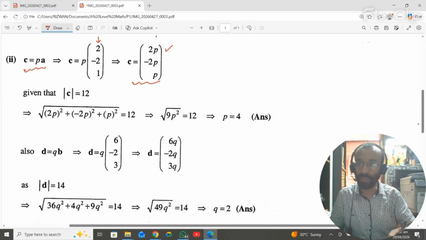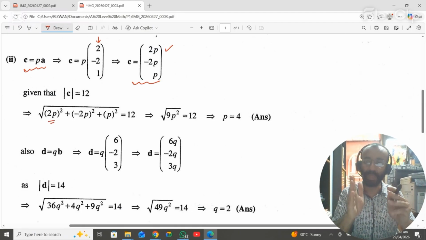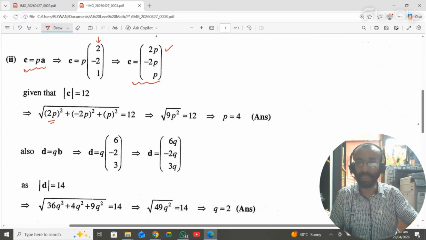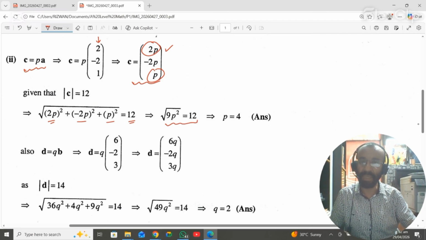Using the formula square root of x squared plus y squared plus z squared, we get (2p) squared plus (-2p) squared plus p squared, and the magnitude is equal to 12. After solving, taking the square of both sides, this will be the value of p.